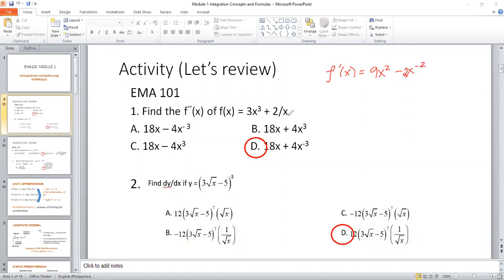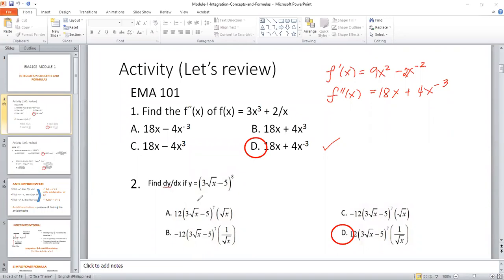That happened because this x is raised to negative 1, and differentiating gives 2 times negative 1 times x raised to negative 1 minus 1, so x raised to negative 2. The second derivative would be 18x plus 4 x raised to negative 3, which is positive already. So your answer is D for that one.